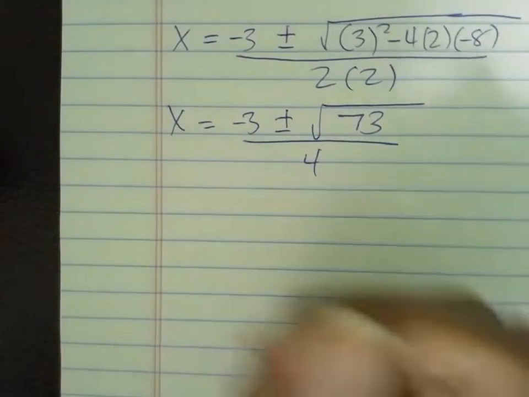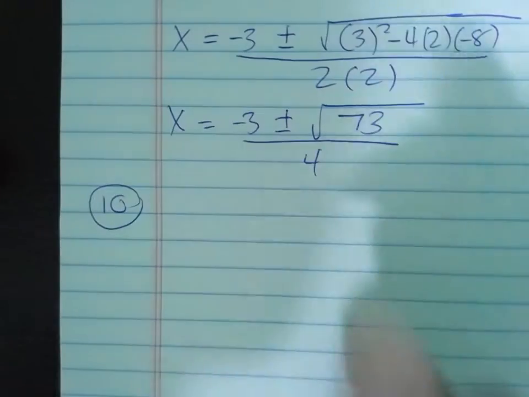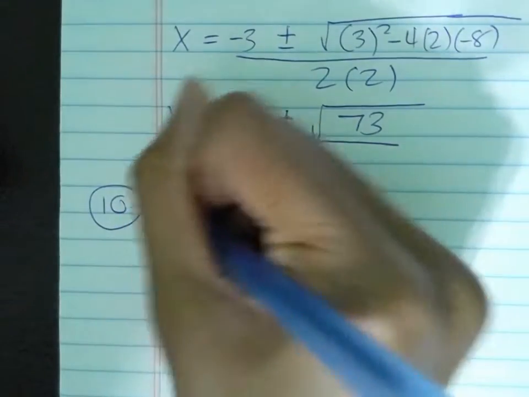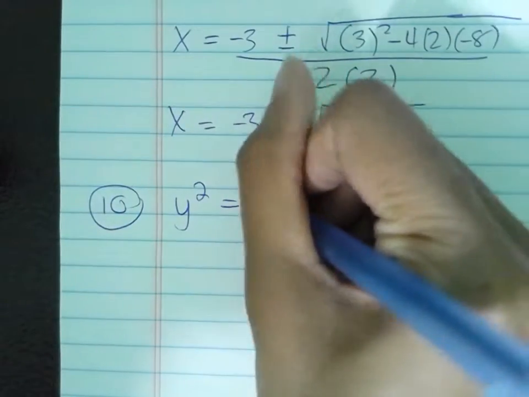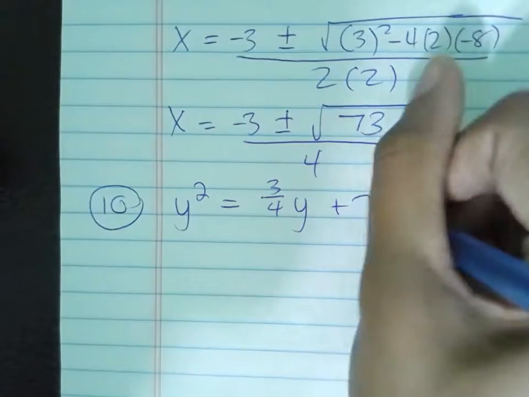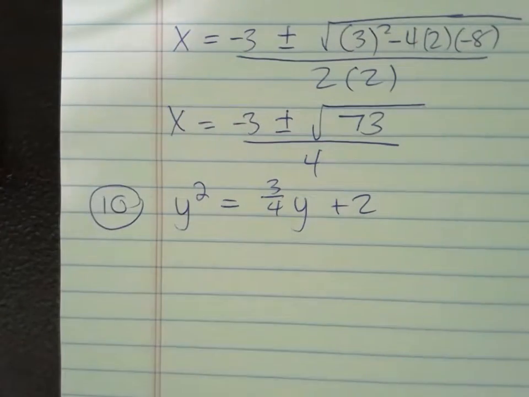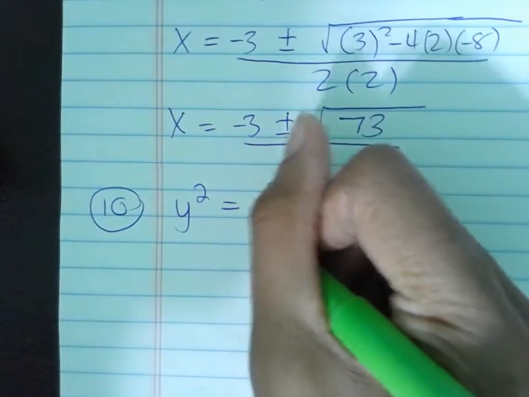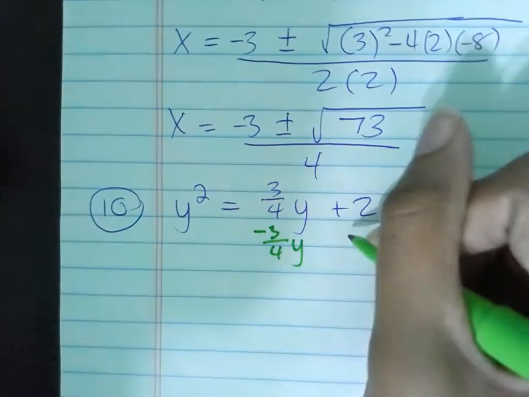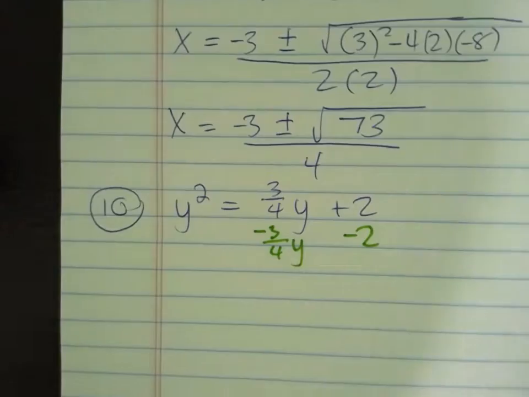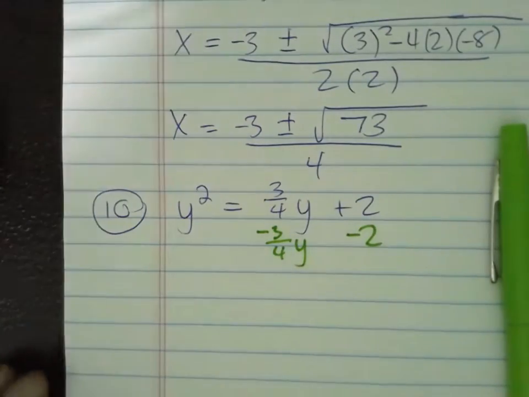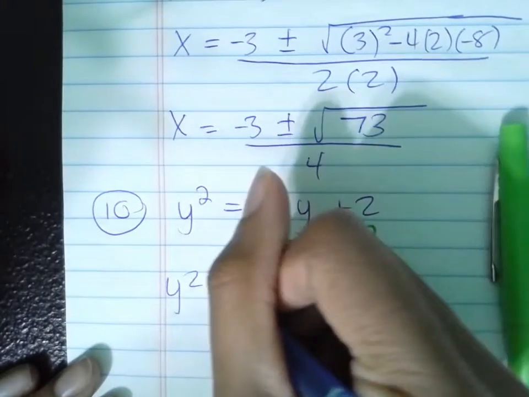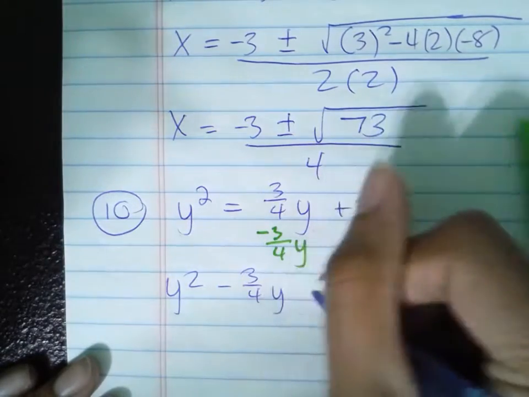All right, last one. We have y squared equals 3/4 y plus 2. All right, doesn't equal 0. So I got to do the opposite of all of these to get it to the other side of the equal sign. So minus 3/4 y minus 2. So instead, I have y squared minus 3/4 y minus 2 equals 0.